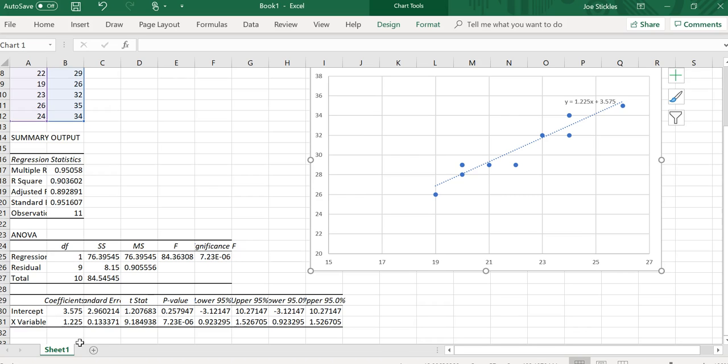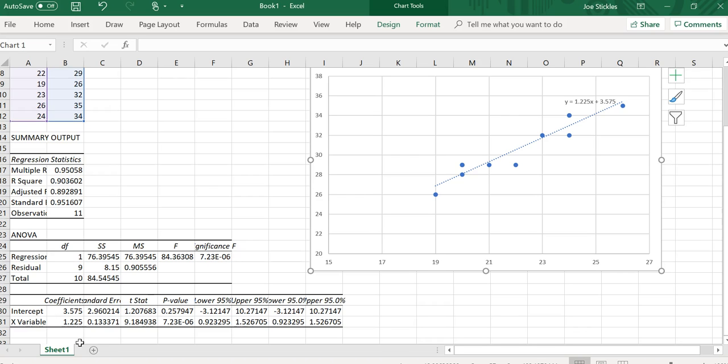These take away 2, so this last piece has to have a chi-squared distribution with n minus 2 degrees of freedom.